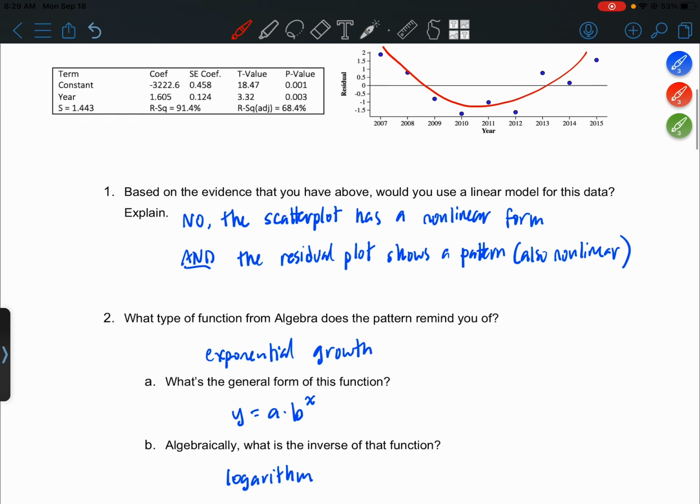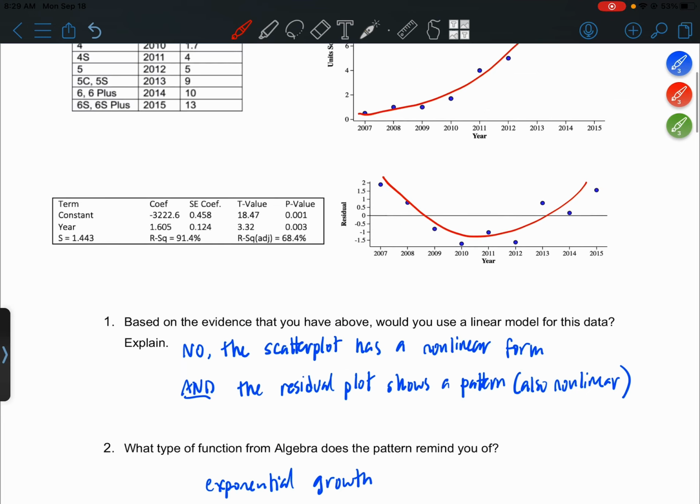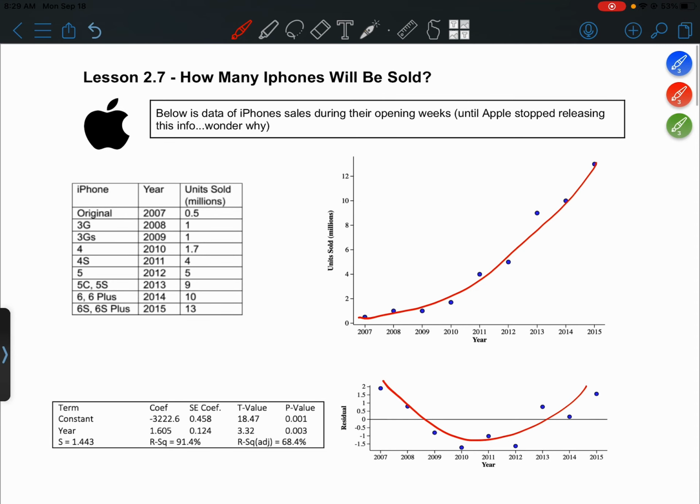All right. So thinking about functions we learned in algebra 2, pre-calculus, one of them was the exponential function. And we would use this for a behavior where growth is slow to begin with, but then builds rapidly later on, which would kind of make sense for the sales of a new product, right?